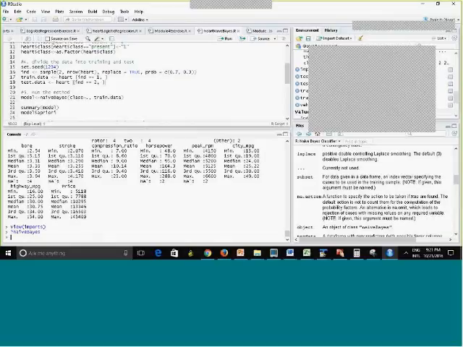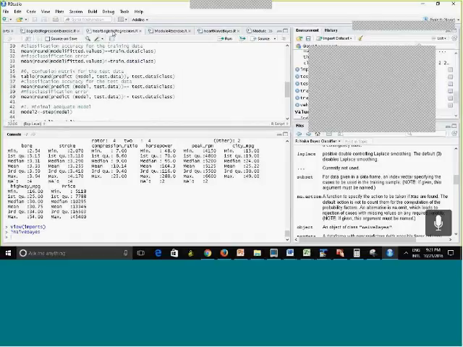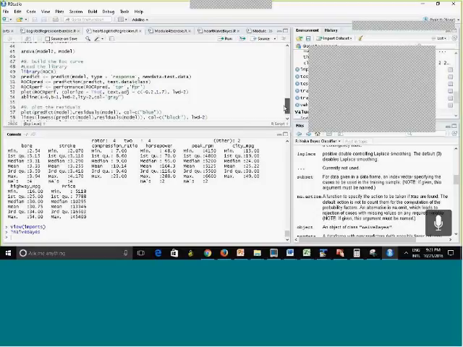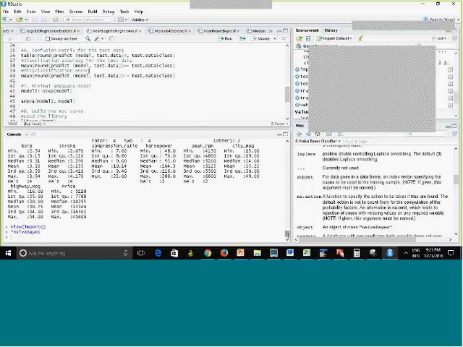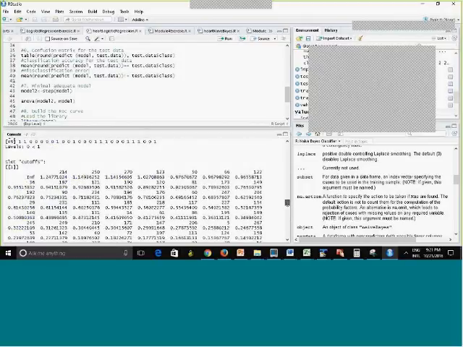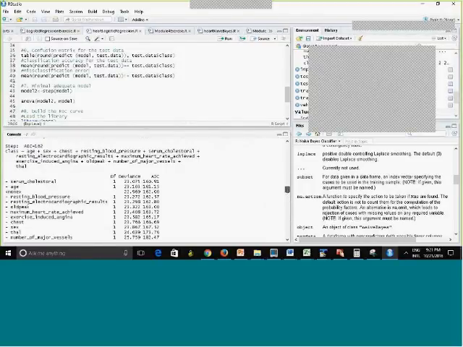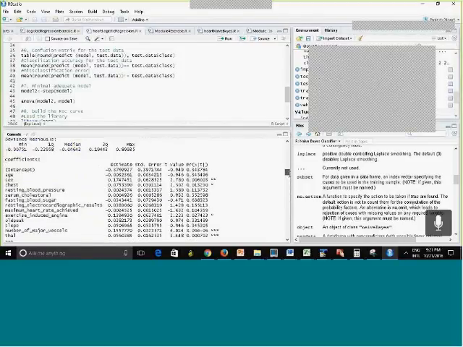Another very important thing that I may have forgotten to point out: when you have your linear regression model, if you look at this, you have the coefficients, right?